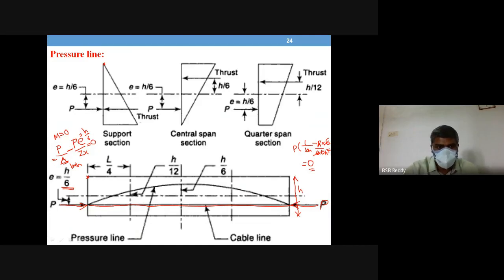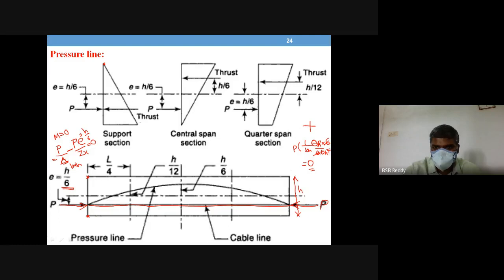Okay. What is stress at bottom? Just plus symbol. Bottom stress, this point. At this point, what is the stress value? P by A plus PE by Z. So what happens? You will have to replace this minus by plus. Okay. So P is common.